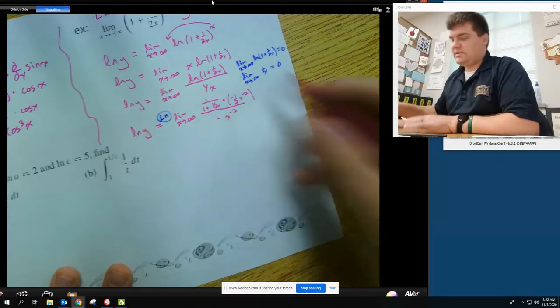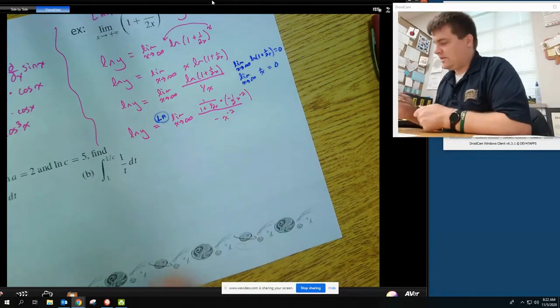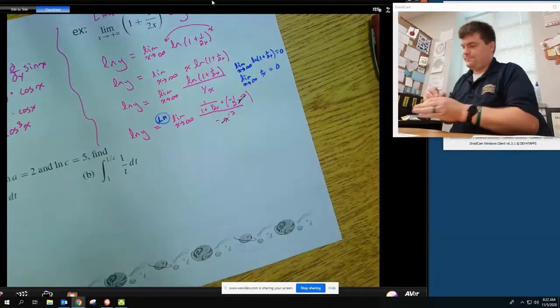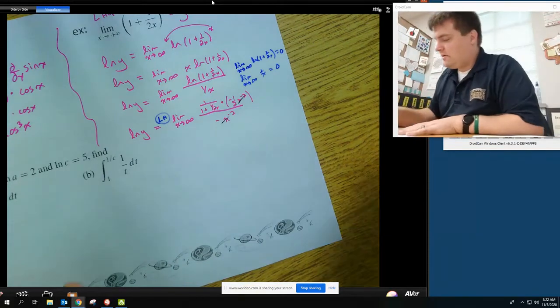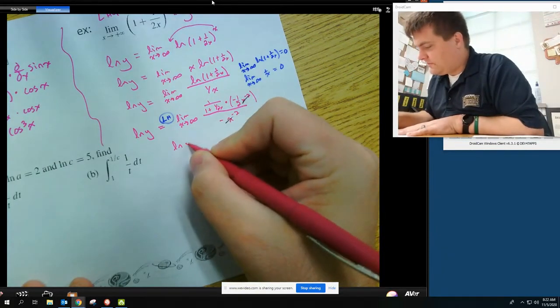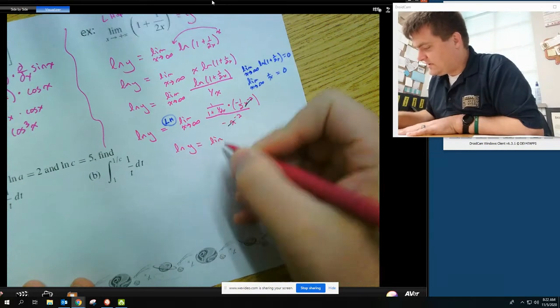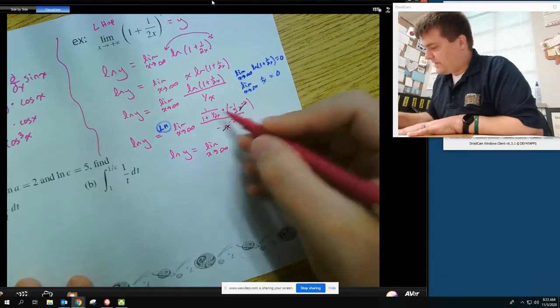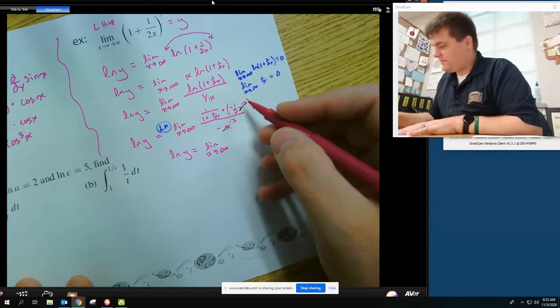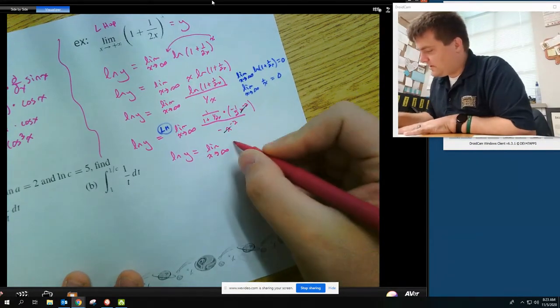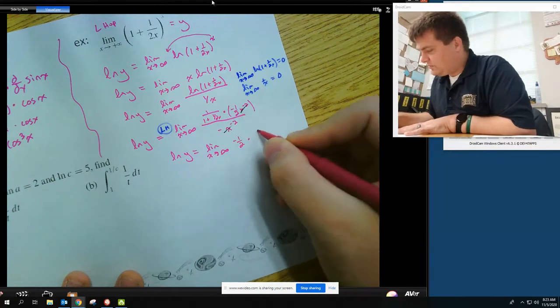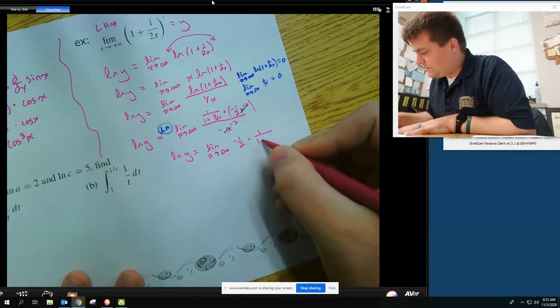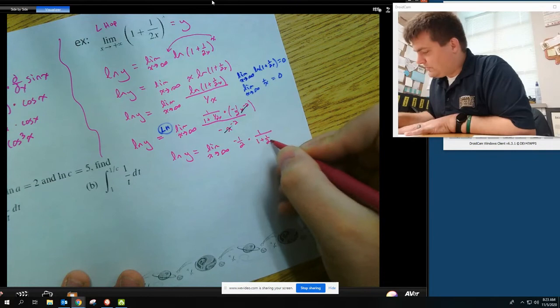So the reason that we do that is now these can cancel out. We're going to get ln of y equals the limit x approaches infinity of, I'm going to pull that negative 1/2 out in front. So negative 1/2 times 1 over 1 plus 1 over 2x.